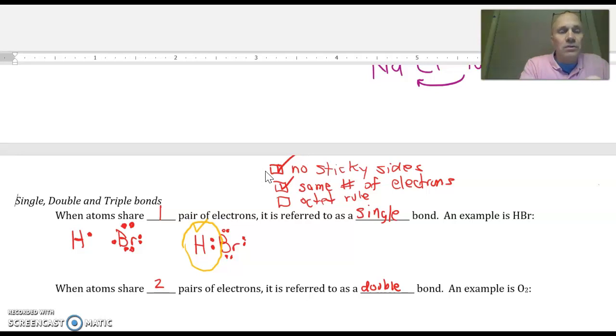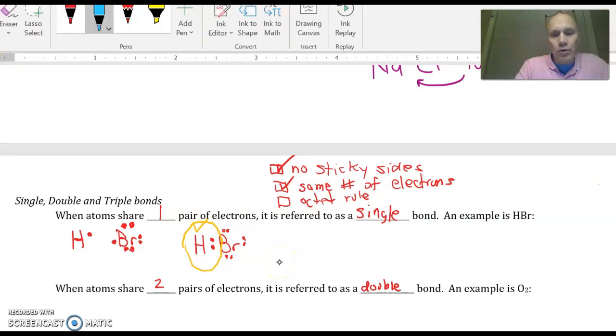Let me change my pen color here. I'm going to circle the bromine atom, the same as I did for the hydrogen atom. I'm going to draw a circle around it, showing all the electrons that it now has possession of. When you do this, you can see it's got 2, 4, 6, 8.